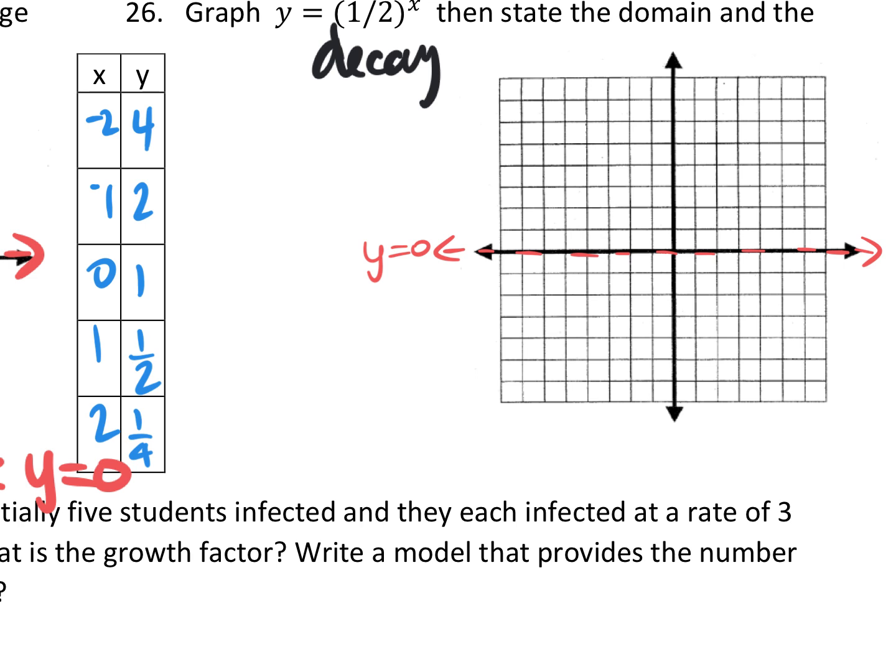And I have my points. Negative 2, 4, negative 1, 2, 0, 1, 1, 1/2, 2, 1/4. Domain and range are the same. Domain all real numbers. Range y greater than 0.